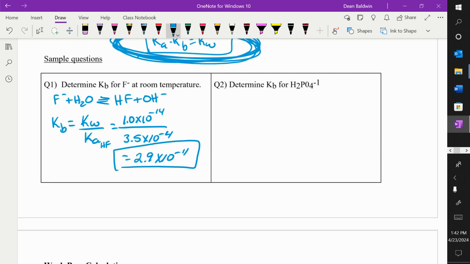So the Kb is 2.9 times 10 to the minus 11. Is that a big number or a small number? Small number. So what is favored? Reactants, right? This is a tiny number. So not a lot of this happens. The equilibrium's over here mostly.